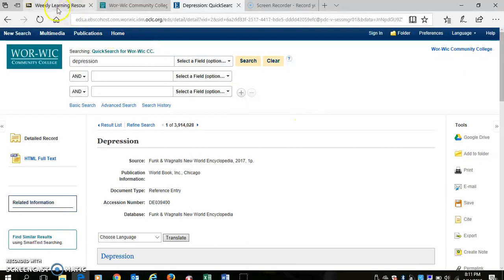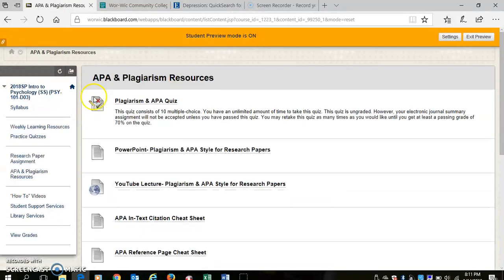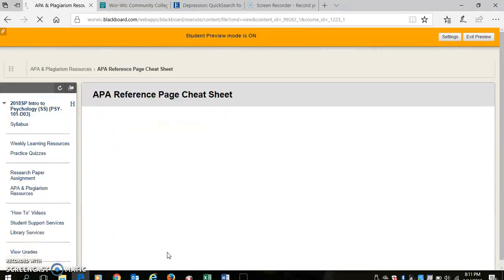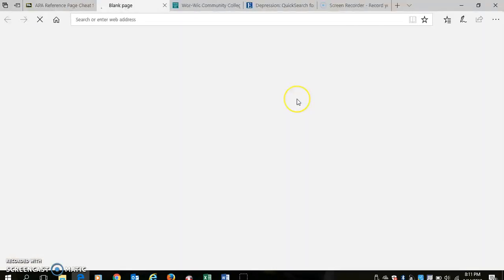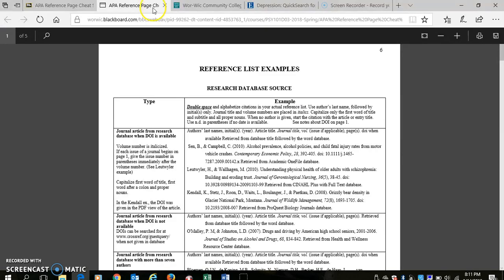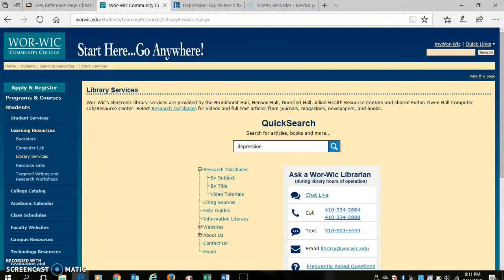Now, if you log into our Blackboard page and you go to APA and Plagiarism Resources, I've got this file titled APA Reference Page Cheat Sheet, and we're actually going to use that reference page to try to write up a reference citation.